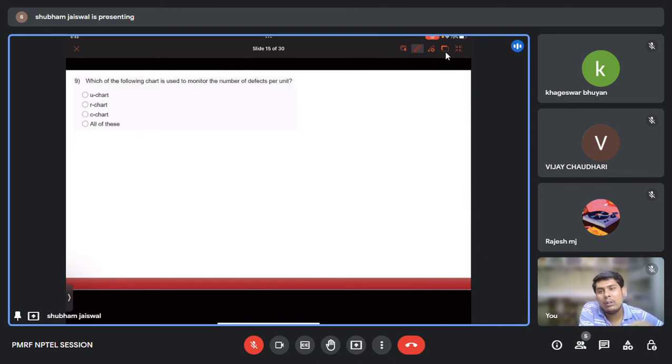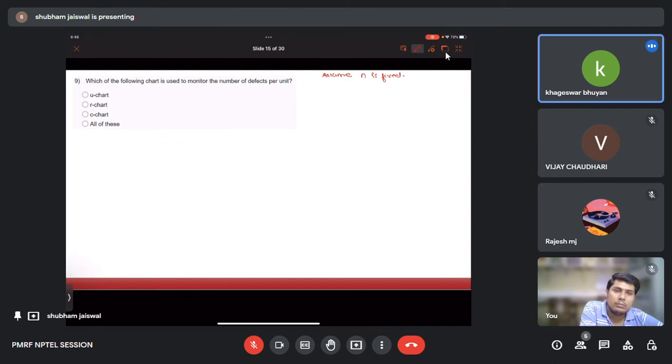So next one is, which of the following charts is used to monitor the number of defects per unit? Assume N is fixed. C chart.